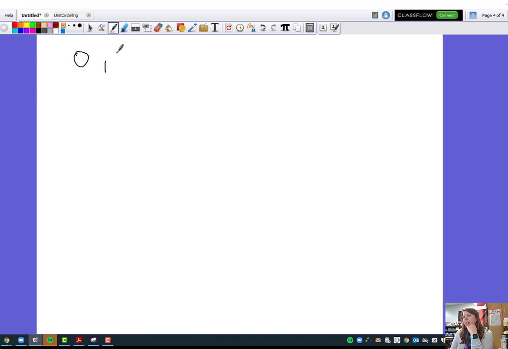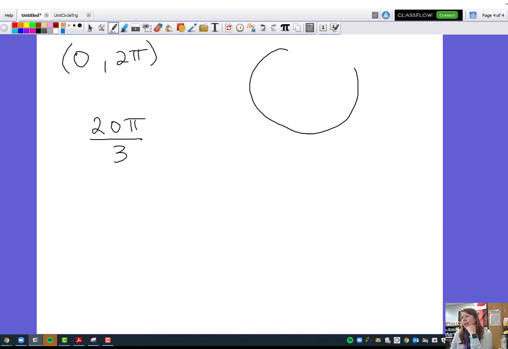If we're outside of 0 to 2 pi, then you could have something larger than 2 pi. So let's say 20 pi over 3. Really what's happening here is we're talking about my pi over 3 pieces.